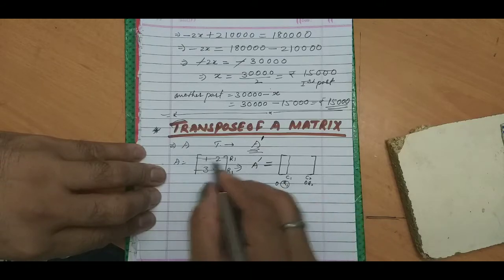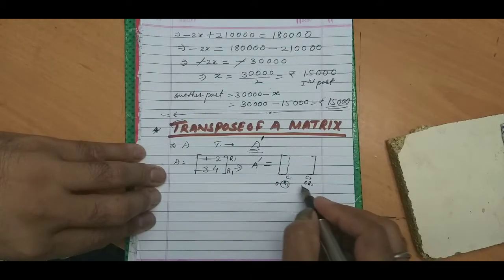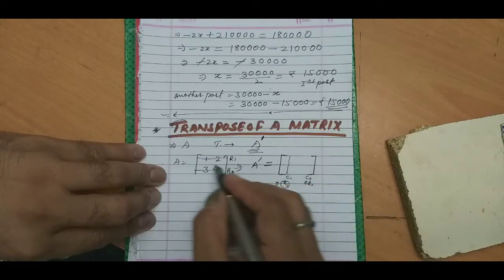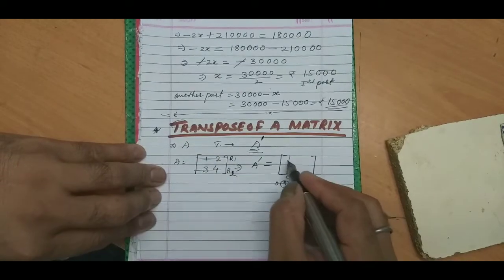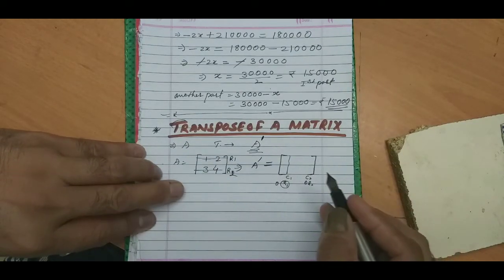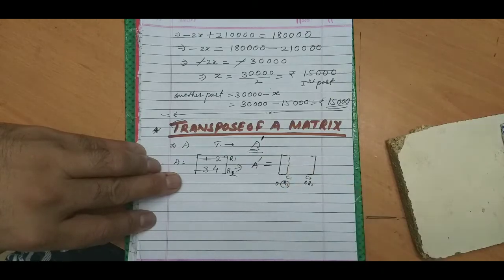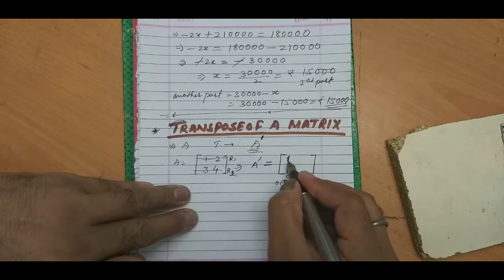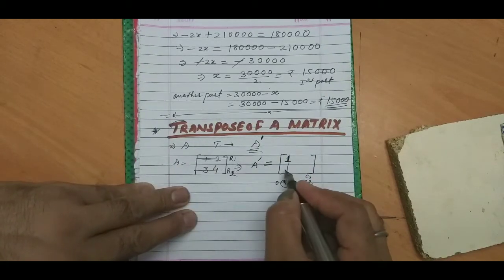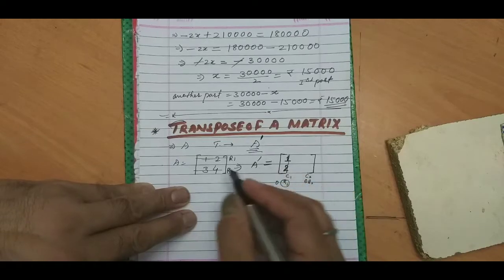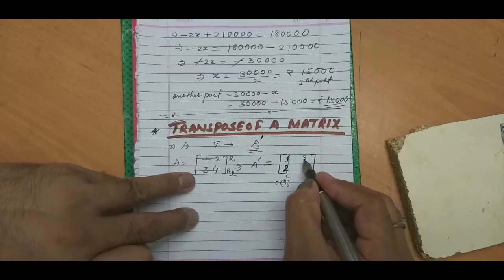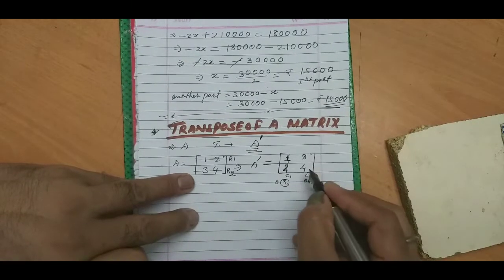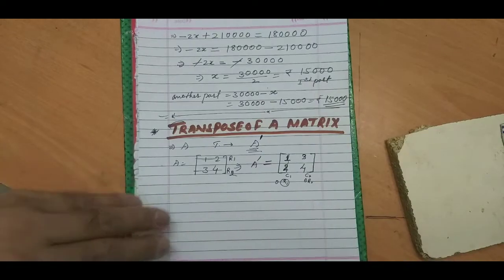This old R1 becomes C1 and old R2 becomes C2, and then old C1, C2 respectively become R1 and R2 of the new matrix. So we write 1 here and then 2 will come down here and 3 will go there. That is, the second row will become the second column, 3 and 4. So this is called the transpose of a matrix.